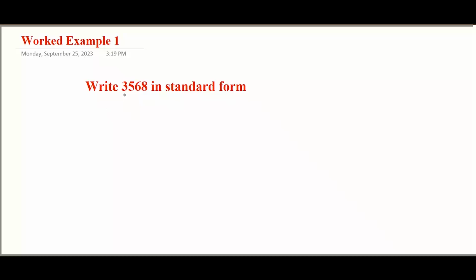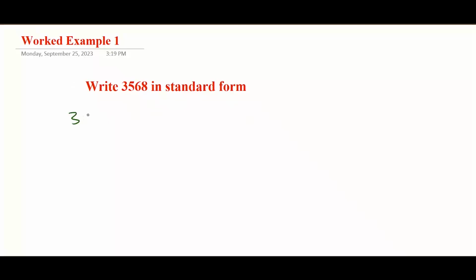So that means 3568 could be written as 3568.0. Now, I'm sure that I have to count towards this direction. So the next thing I need to do is to form the standard form number, and that will be 3.568, as I can only put it here and it meets the criteria.